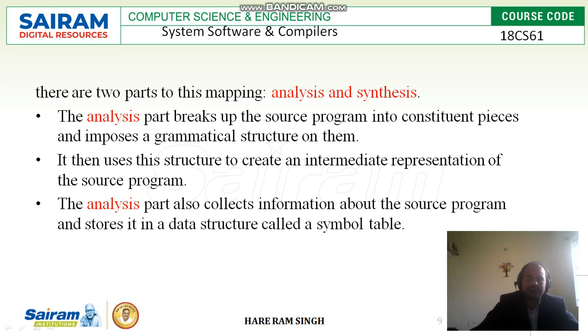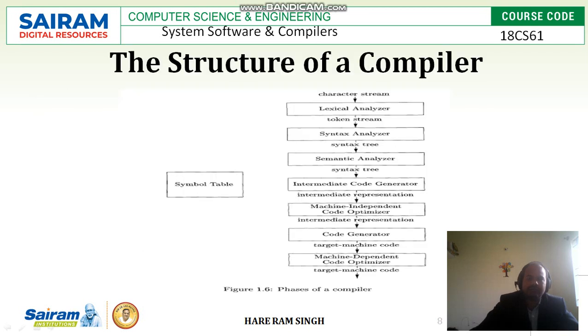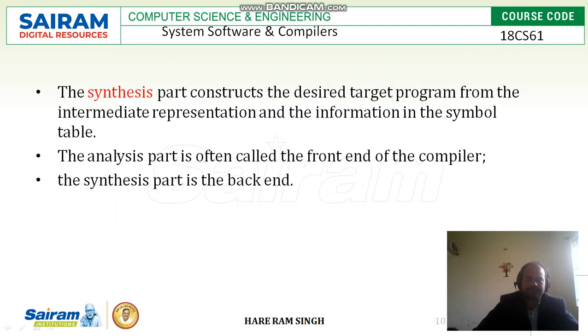Here we can see in the diagram that the analysis part takes the information of the different variables and identifiers used in the character string, and it is stored in the symbol table. Next is the synthesis part.